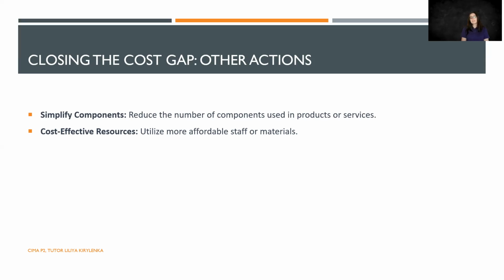Cost-effective resources. Maybe we can source our materials cheaper. Maybe we can find labor that is going to be cheaper. Maybe we can think about our processes and see whether the process is performed by the right person.